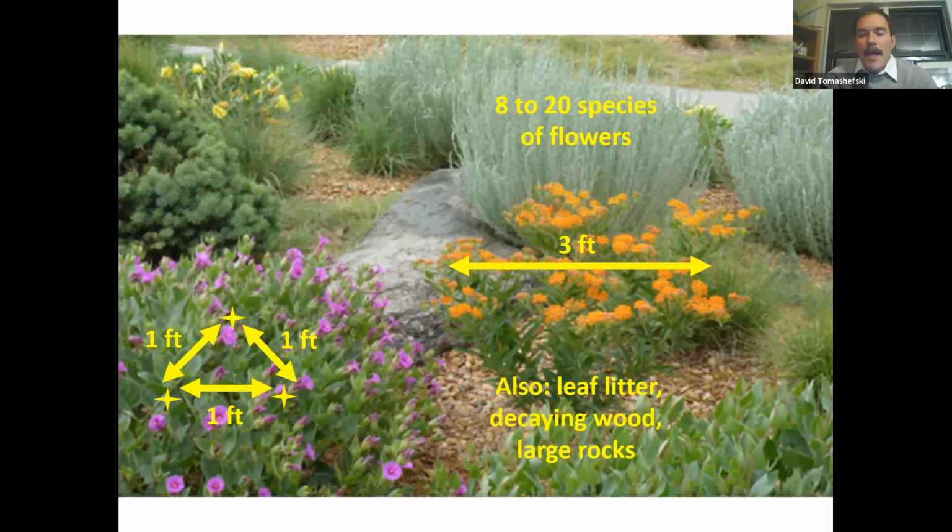In addition, there are lots of bees and other beneficial insects that like to nest under decaying wood and large rocks, as well as in the cavities that beetles will build in the decaying wood. So these are just some of the design considerations to have in mind when you're putting together your soft landings garden.